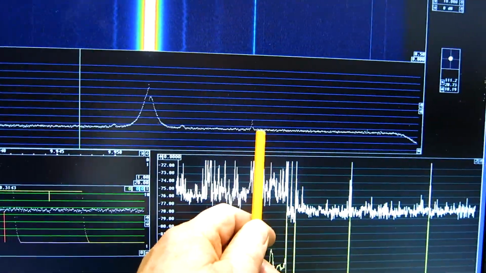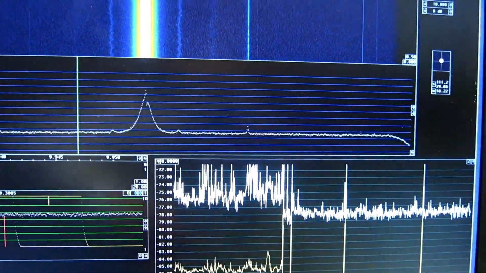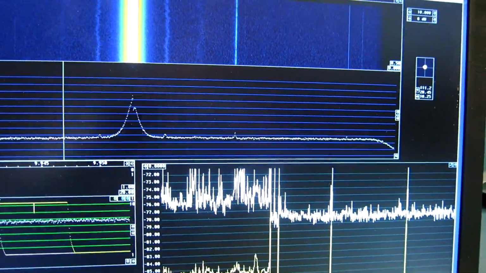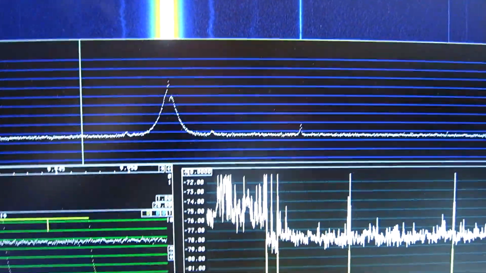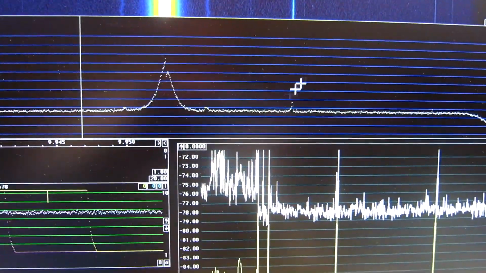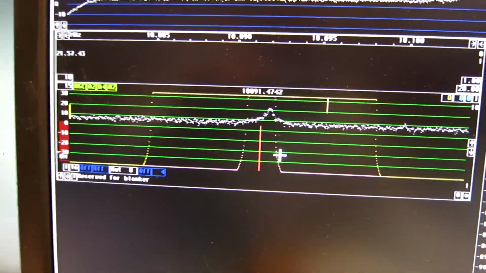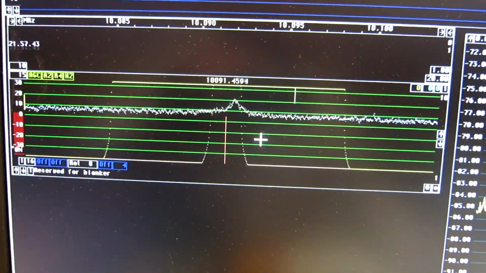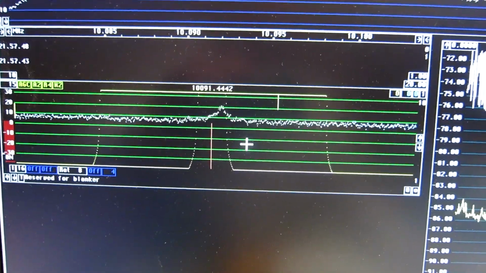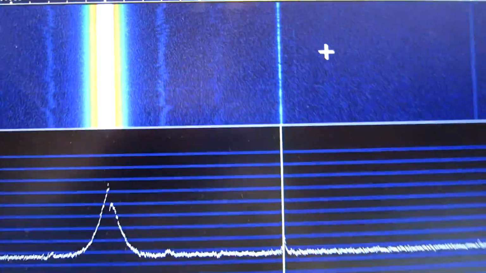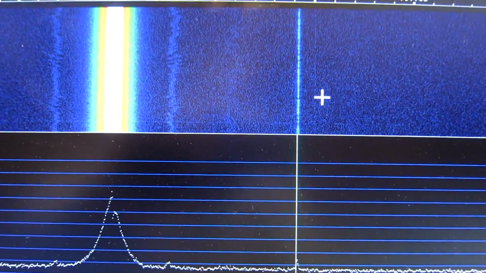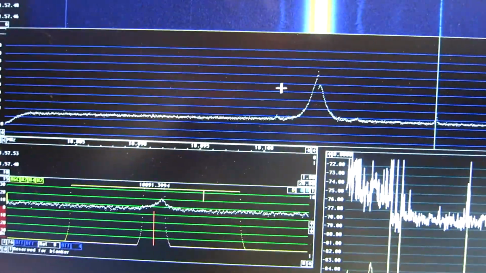This one, and also this, which is some kind of noise oscillation somewhere. And I click on it just to show that it is not a spur of normal type. And you can see on the waterfall it fluctuates.